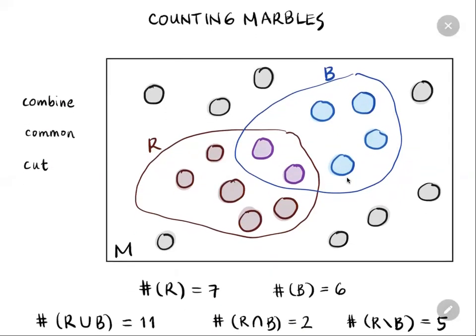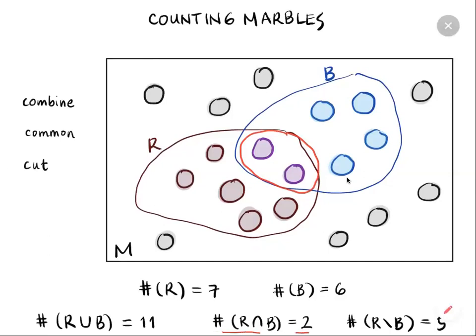So how do we do that? Well, one could compute the elements common to the two sets of marbles. In this case, those are the violet ones. Here we have two.